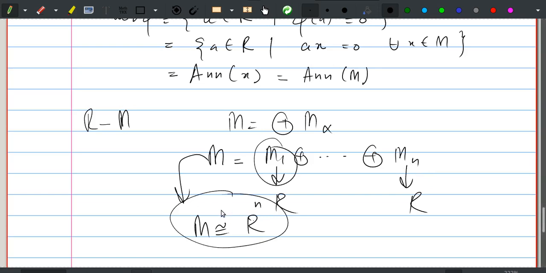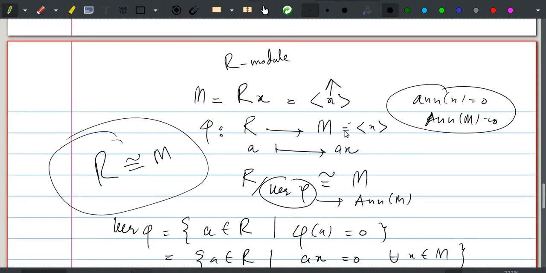So an R module M is sometimes, and this is an alternative definition for a free R module, that is an R module M is free if M is isomorphic to some copies of the underlying ring. Here in this case the underlying ring is R. So if M is isomorphic to some copies of R here, then M is said to be free. Now this follows from this definition here.